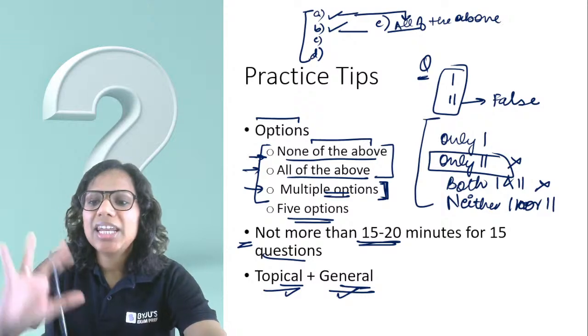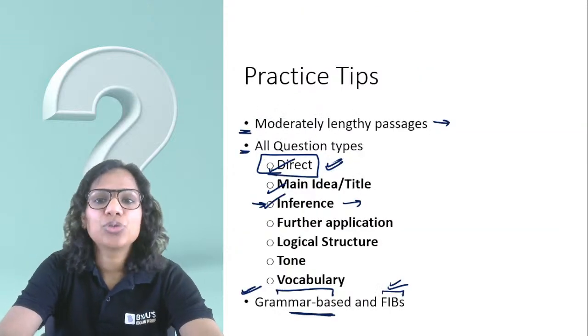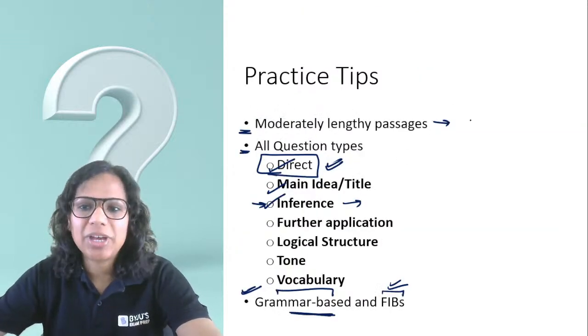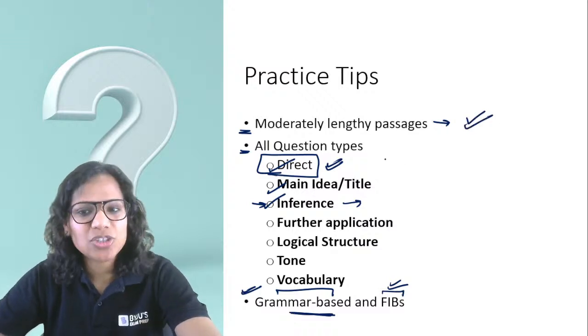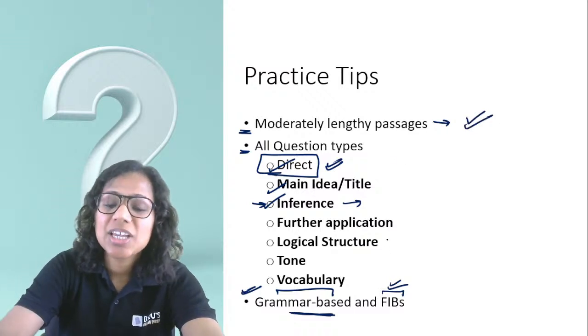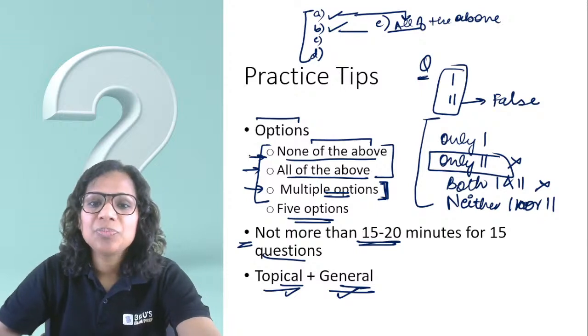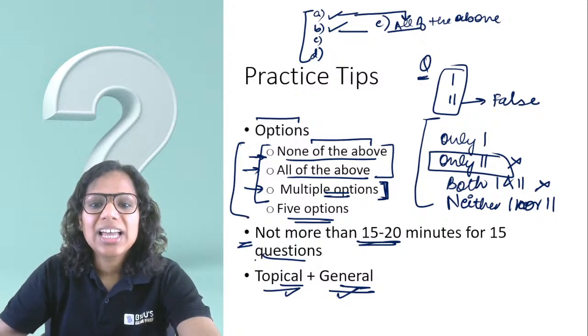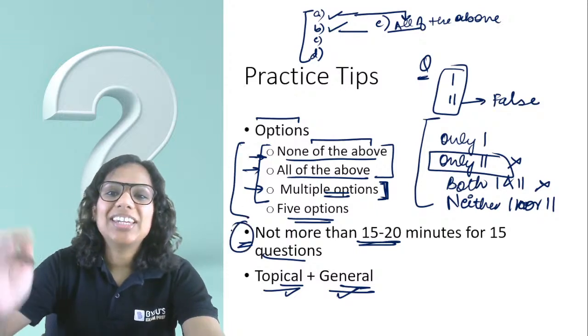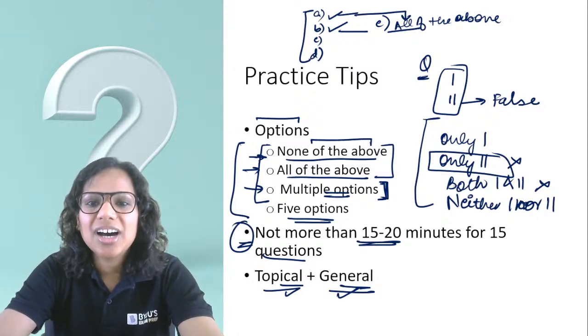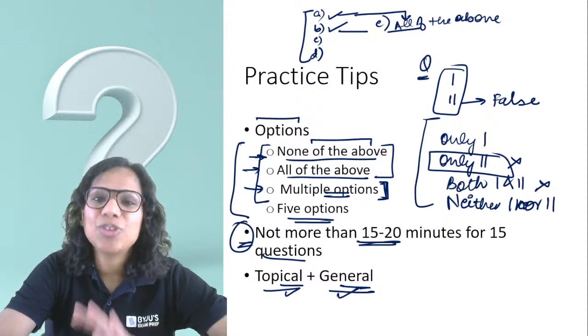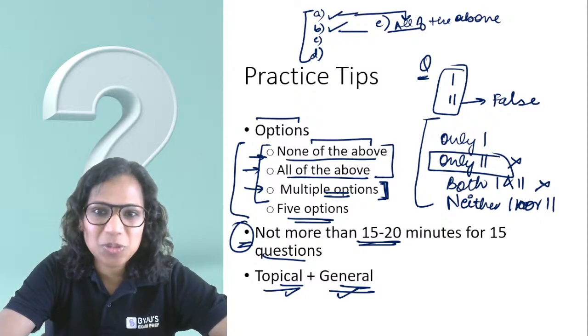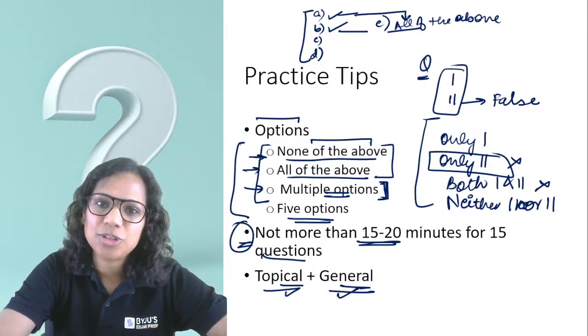So this is an outline of what you have to do right now, the way you have to prepare right now for moderately lengthy passages, for various question types. We'll see some question types today, then for such options, and to prepare in a timed manner, to acquaint yourself with attempting 15 questions in 15 to 20 minutes. That's what you have to prepare for.